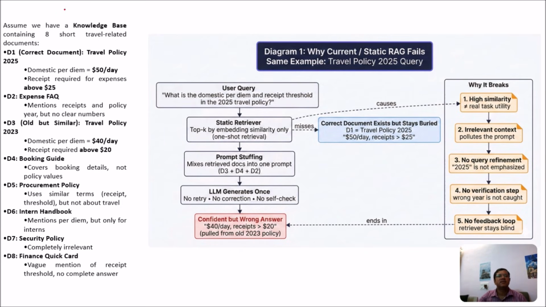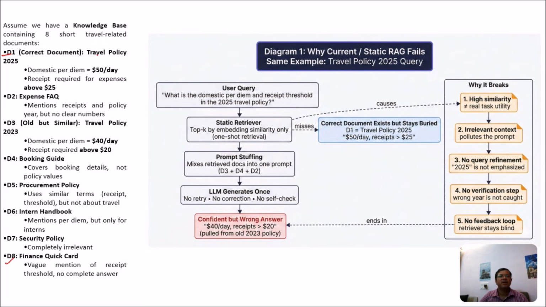Now let us try to discuss everything with an example. Suppose you have travel policy documents. Generally, when you work for some company and go for a travel using company funds or money, they apply some travel policy. So for example, suppose we have 8 documents related to travel policy, D1 to D8.